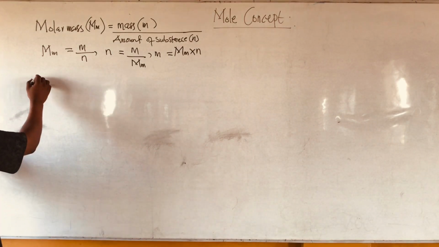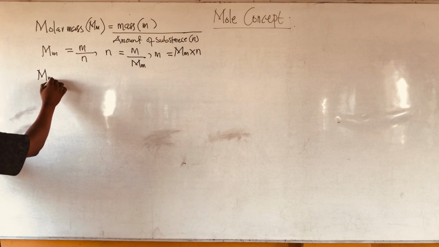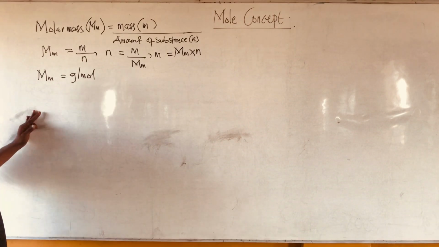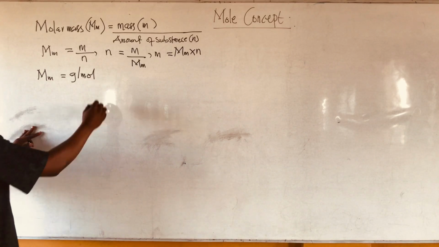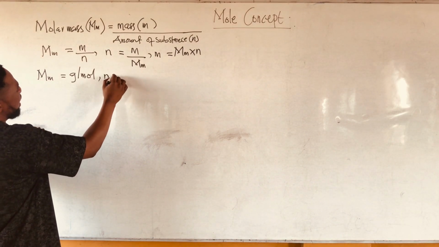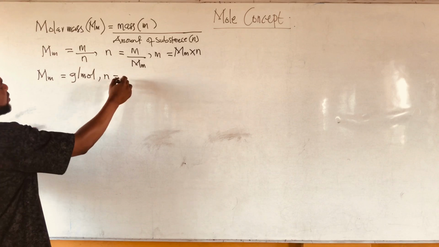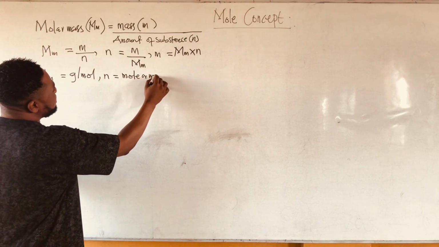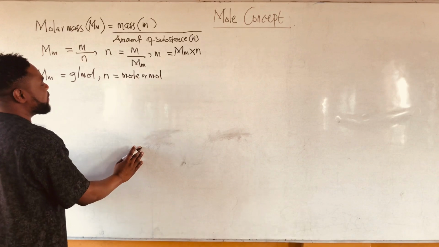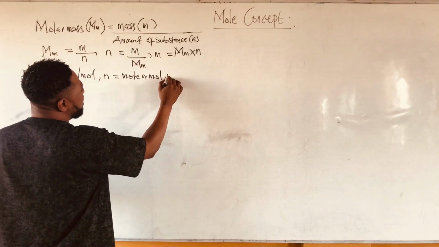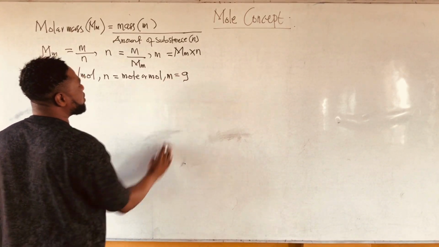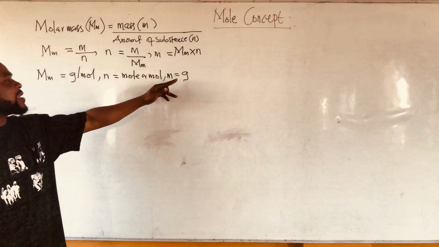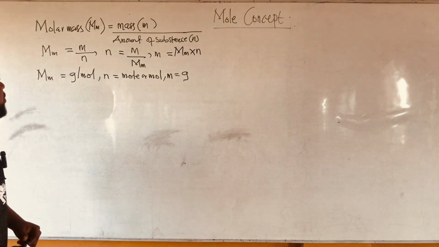Don't forget that molar mass is measured in gram per mole, amount of substance is measured in mole, in short MOL, and mass is measured in gram. So these are the units that we use in our calculation.